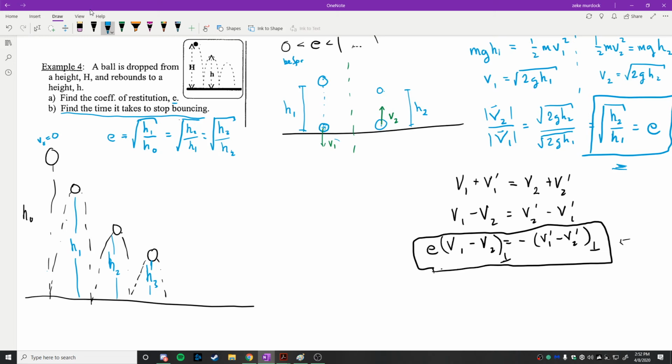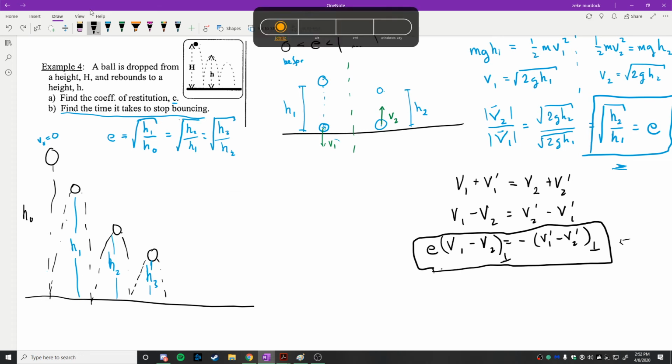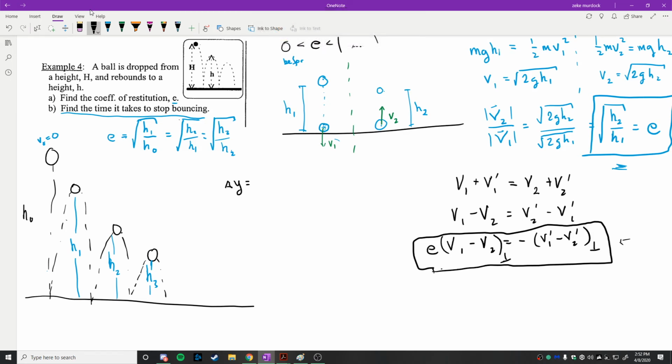Kinematic equation. We know the initial velocity is 0. We know delta y is like h naught. We know acceleration is g, right? So if we want to find the time, we can use one of our kinematic equations. We'll start with the one that says delta y is equal to vy initial times t plus 1/2 ay t squared, but the initial is 0, so this becomes 2 delta y divided by g is equal to t, and if we take a square root, that's what we got.